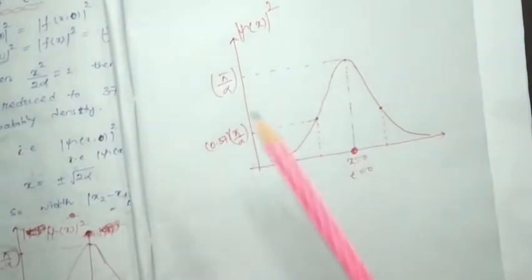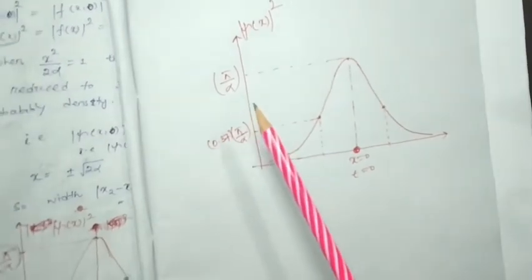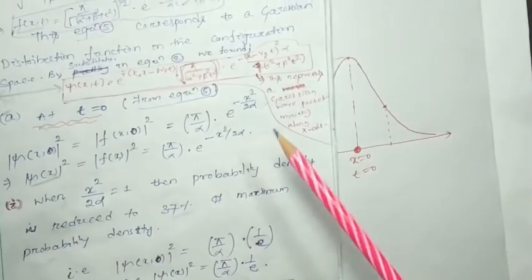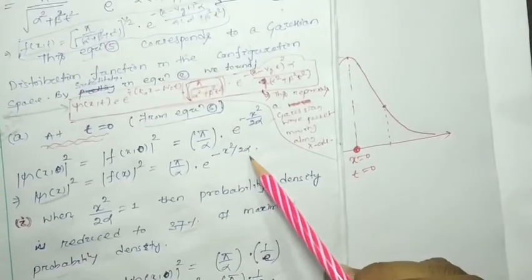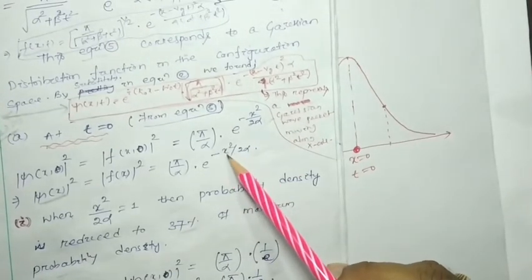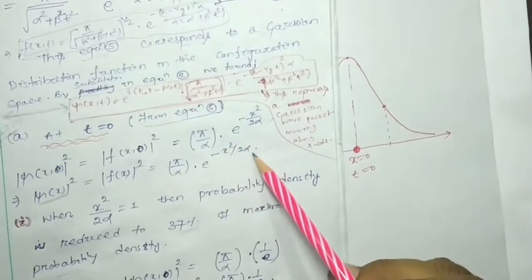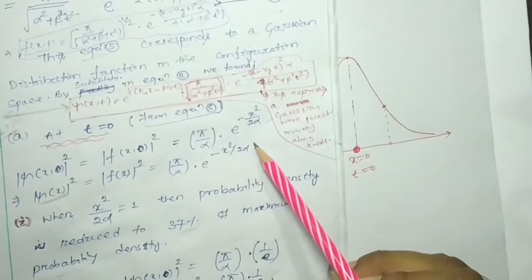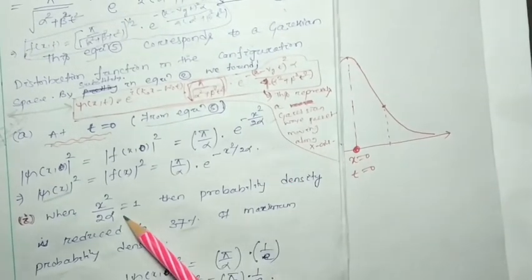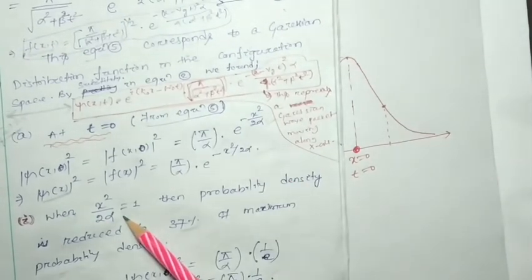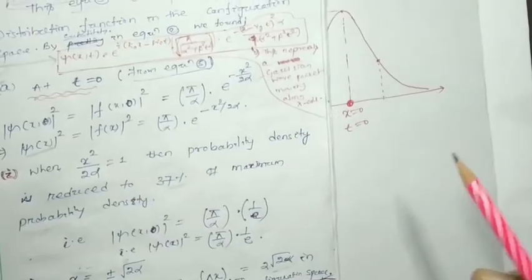Pi by alpha. But if we consider this much, this x square by 2 alpha, if x square by 2 alpha is equal to 1, then how much are we going to get?